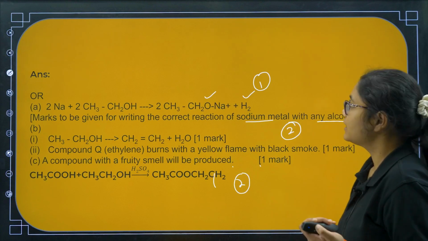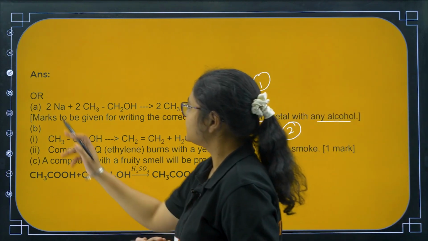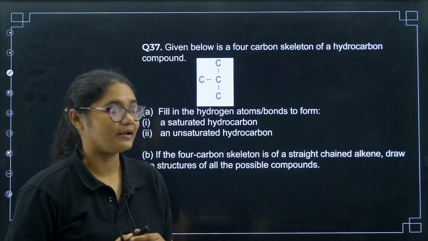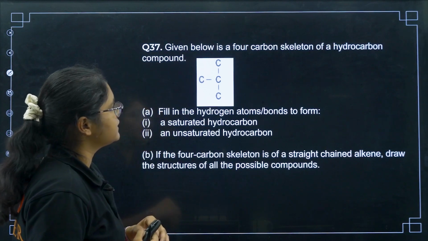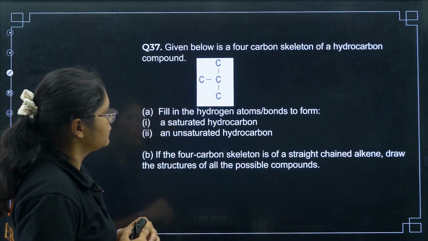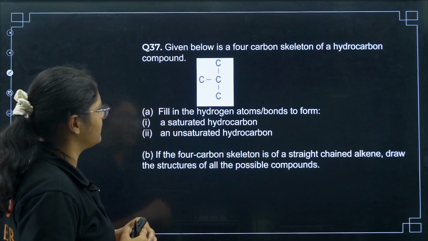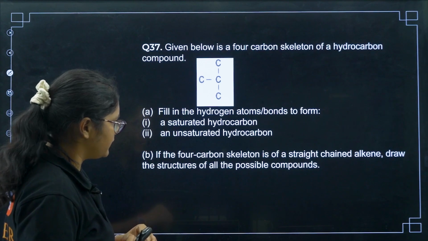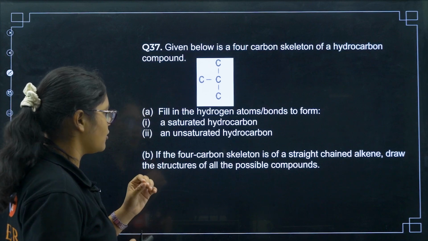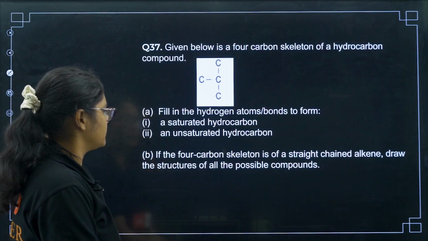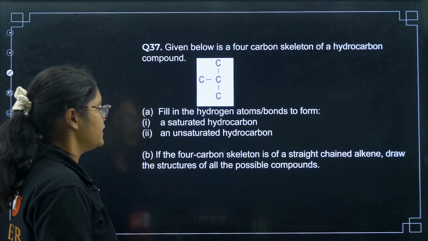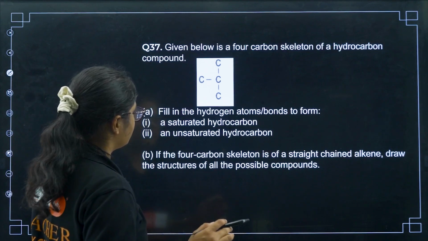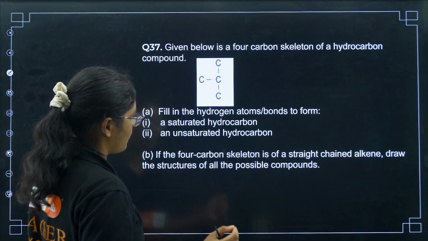That's fine. Okay. Next, moving towards the 4th question, that is your 4 marker and last question. Given below is a 4 carbon skeleton of a hydrocarbon compound. Fill in the hydrogen atoms or bonds to form a saturated hydrocarbon.